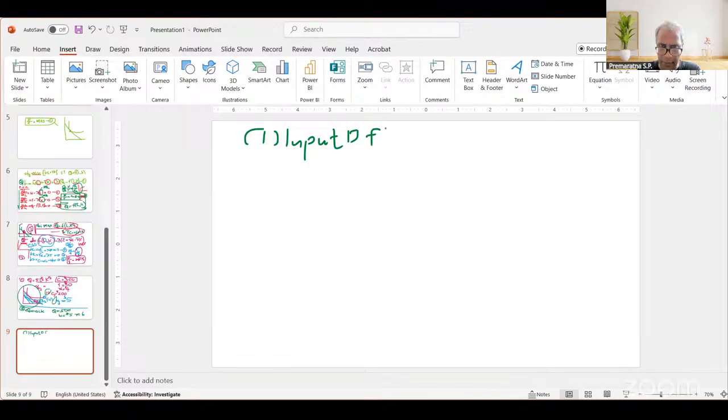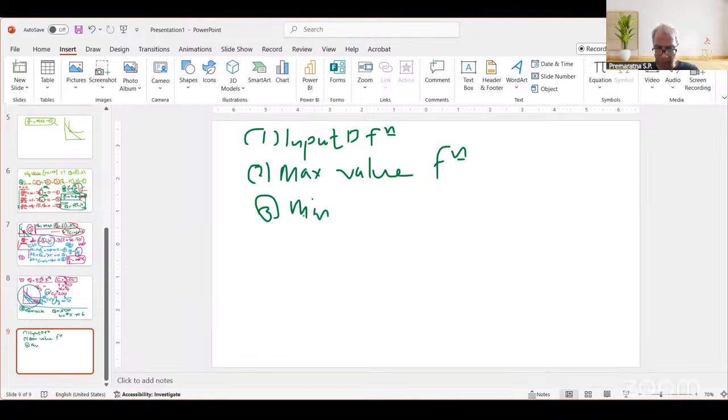It means the labor and capital demand functions, the maximum value function, and the minimum value function. If you look at the past papers, the minimum value function.